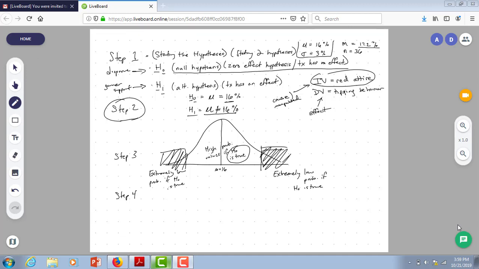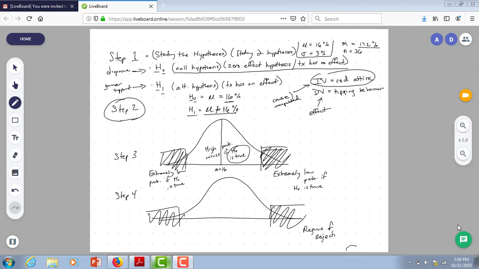So, put another way, you can think of the tails as regions of rejection for the null, and you can think of the center of the distribution as regions of acceptance for the null.